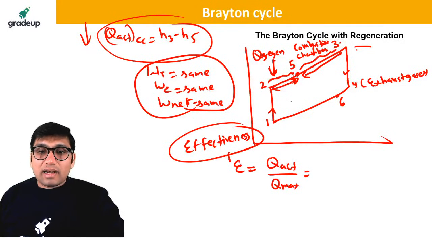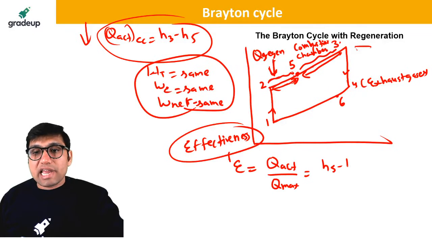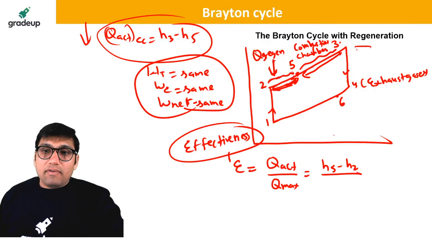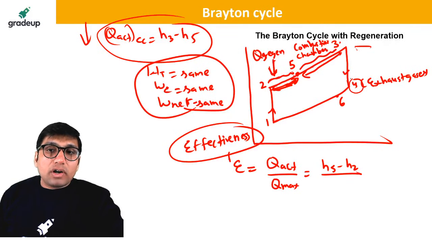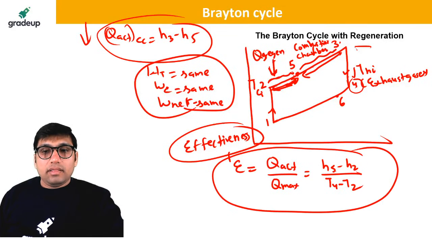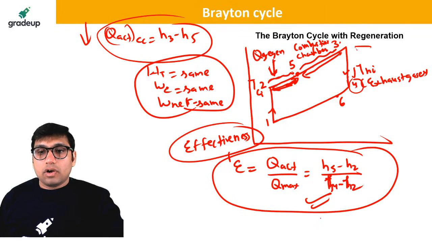The actual heat in the regenerator is equal to H5 minus H2, divided by the maximum possible heat, which will be equal to what? Difference of the temperature of the hot fluid, this is the temperature of the hot fluid, and this is the inlet temperature of the cold fluid, that is T4 minus T2. This is the formula for effectiveness. Sorry, this is H4 minus H2.